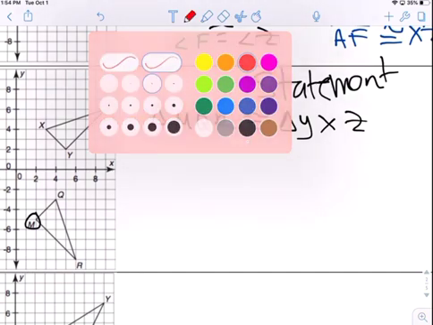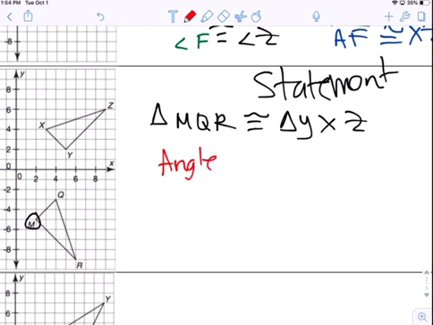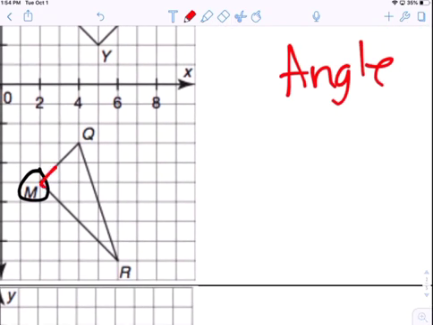Let's do angles. You have angle M, angle Q, and angle R.